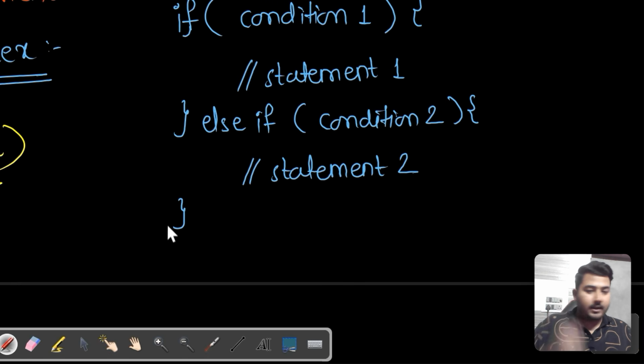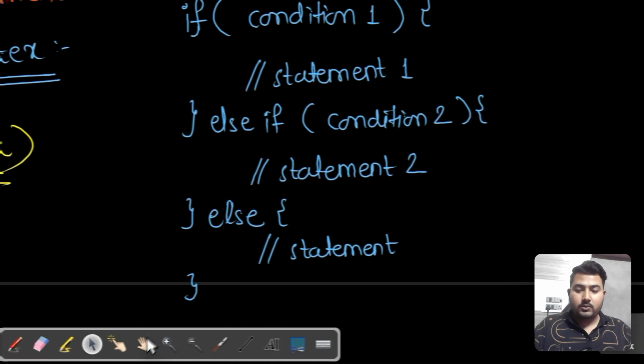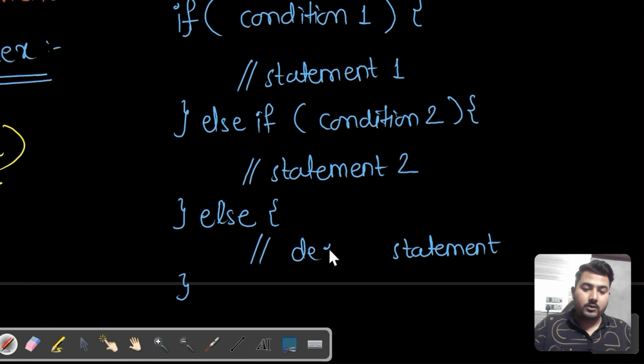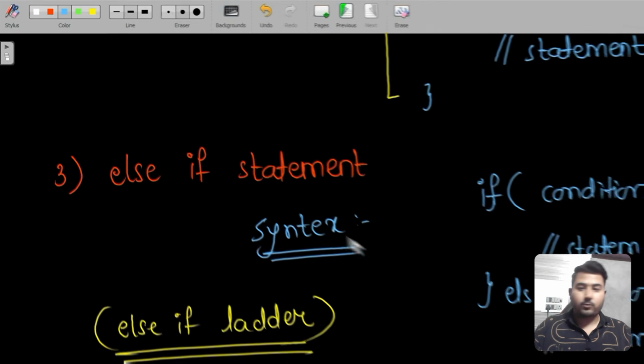And at the very end, it's totally up to you. It is optional. You can put an else statement as well at the end, which will make sure to execute this default statement if none of the above conditions are true.